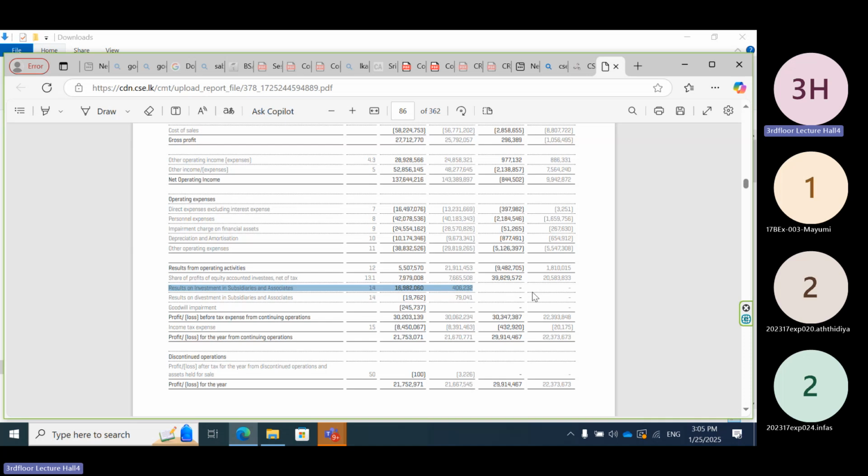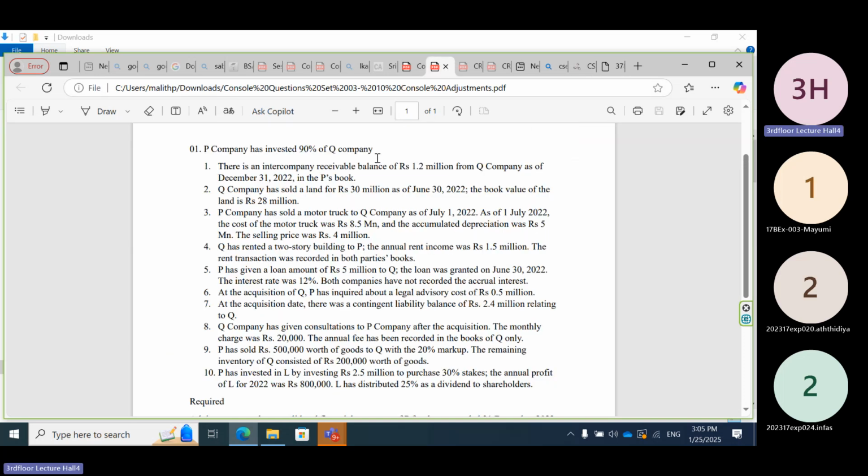Basically steps of consolidation adjustments. We covered most of the adjustments, right? We didn't cover this one. Definitely we can cover some of other things. Intercompany PP&E disposal and gain that need to be covered.